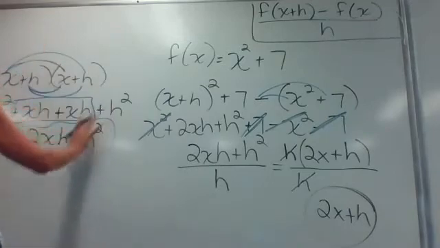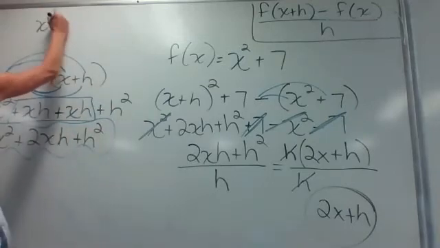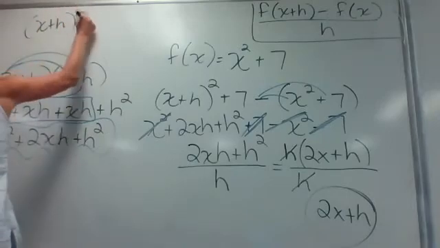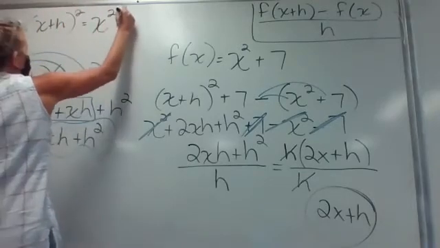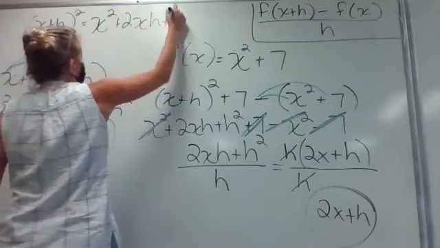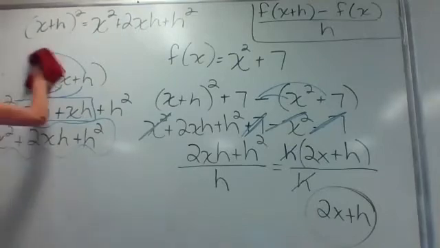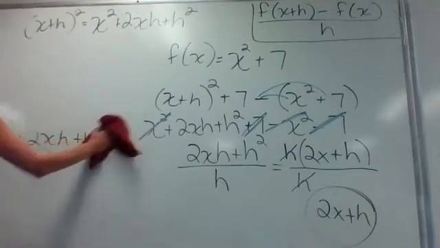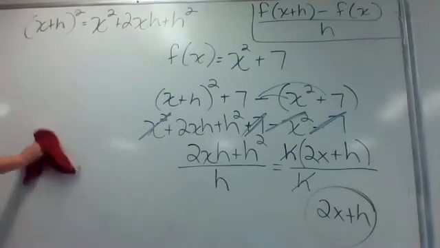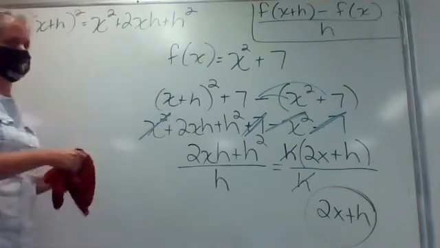So again, all this right here, I'm going to just remember that I don't need to do that anymore. Anytime I see that squared, I'll just be able to plug this in.